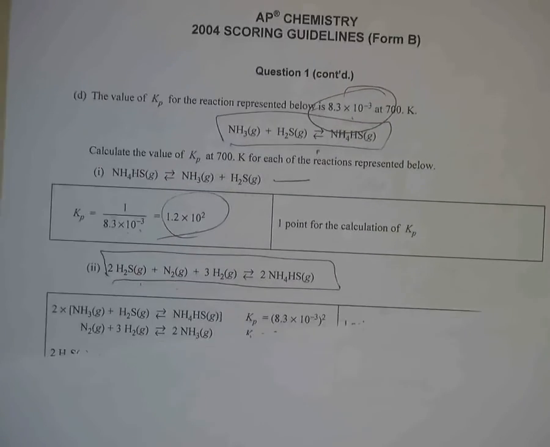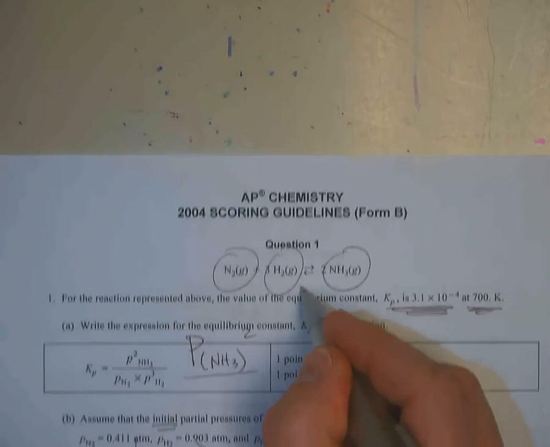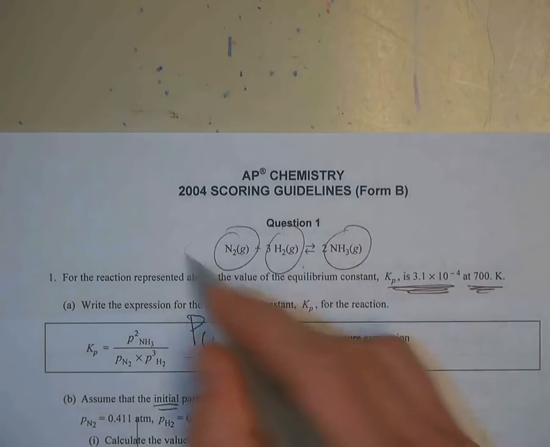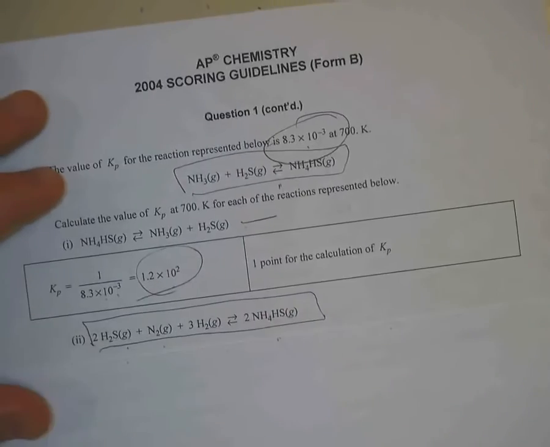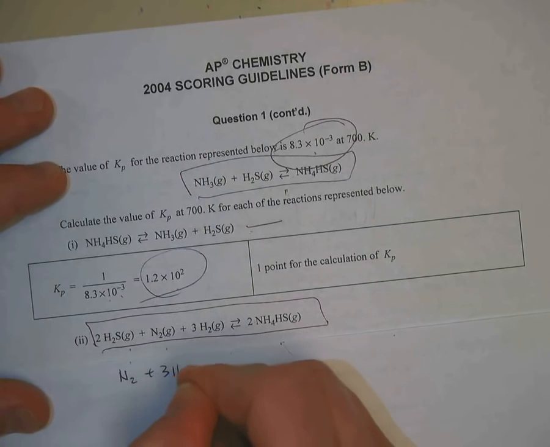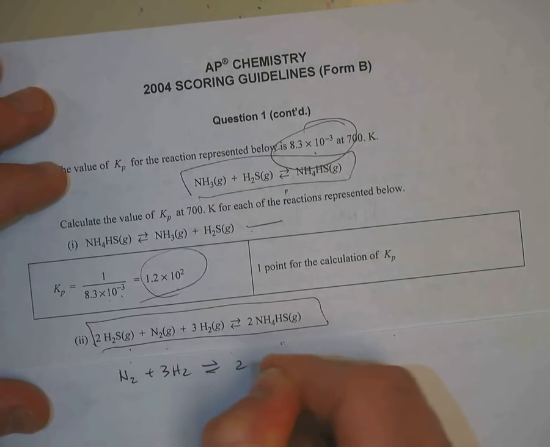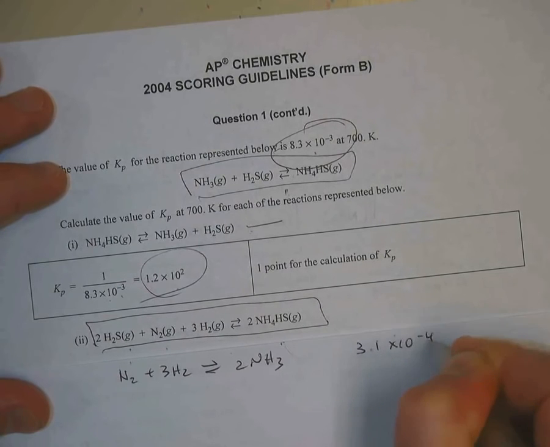So on the back side of this page, you can see here's the first reaction right up here with the K. I'm just going to rewrite that reaction and noting that the K is 3.1 times 10 to the negative fourth. Okay? So the other reaction was N2 plus 3H2 goes to 2NH3. 3.1 times 10 to the negative fourth. I hope I wrote that right.